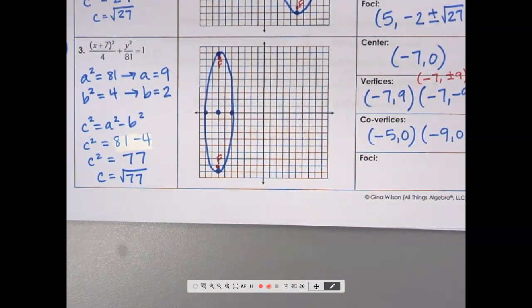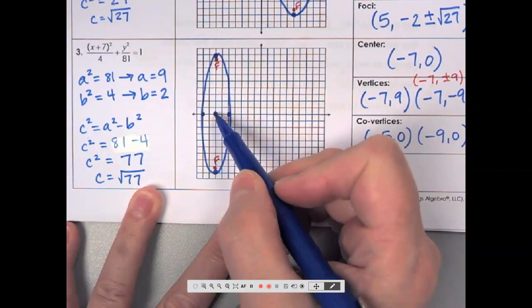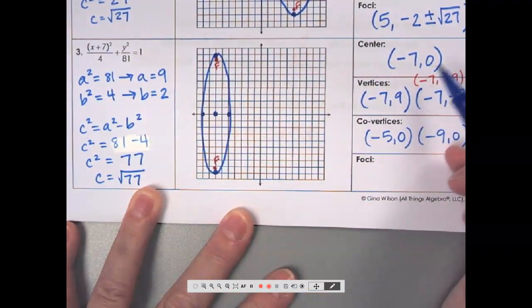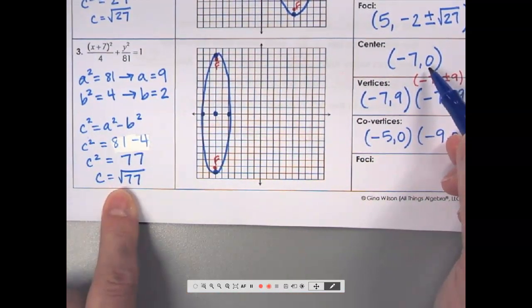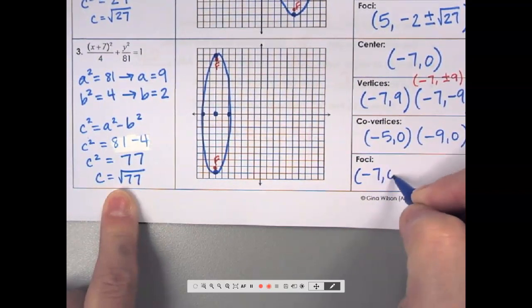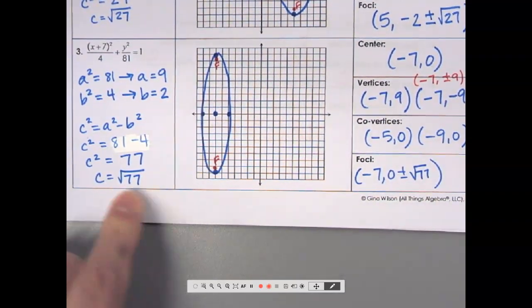Okay, but what are those ordered pairs? Well, we started at the center. The x-coordinate was -7. These have the same x-coordinate, but they have different y-coordinates. So I went 0 plus or minus square root of 77. So you can write it that way if you want. Like that.